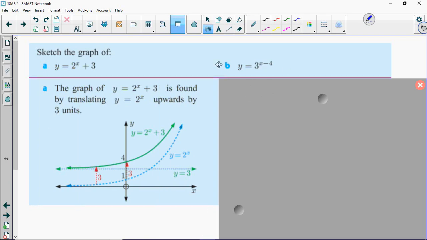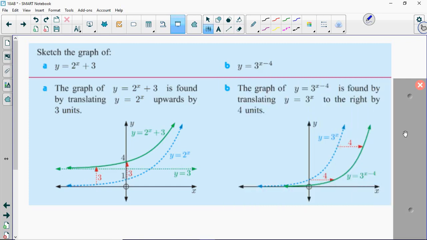How about on the right? Well, here I've got y equals 3 to the x minus 4. So what kind of a function transformation is that? Well, it's 3 to the x. I know what that looks like. It's got a y-intercept of 1 and a horizontal asymptote of 0. But this one is being shifted to the right 4 units. So we can draw that.